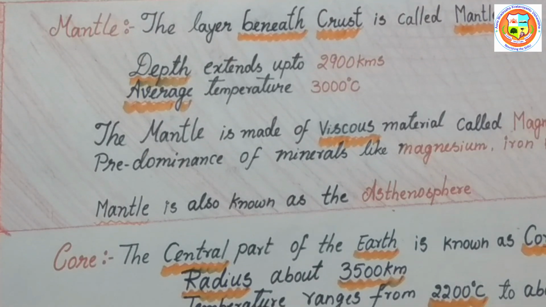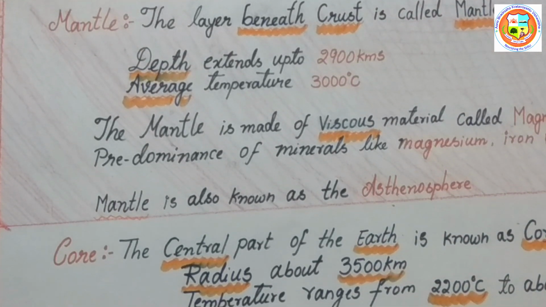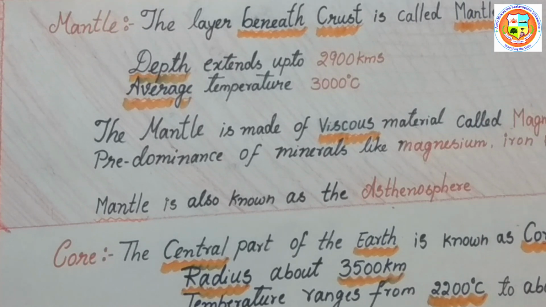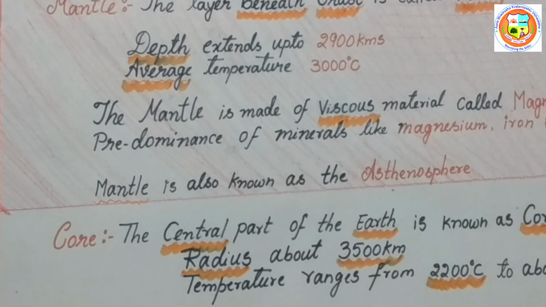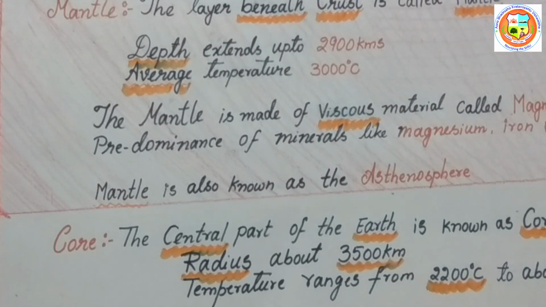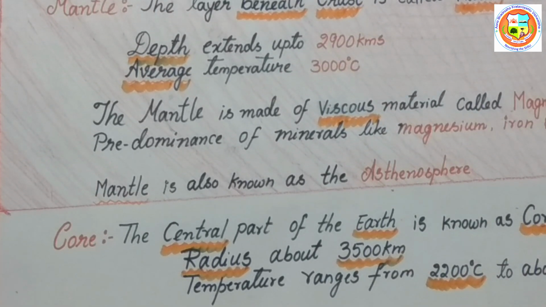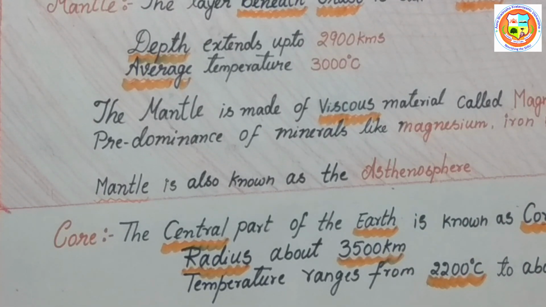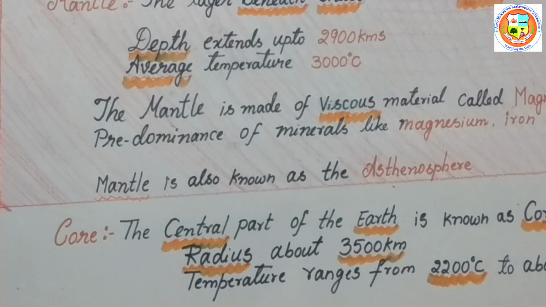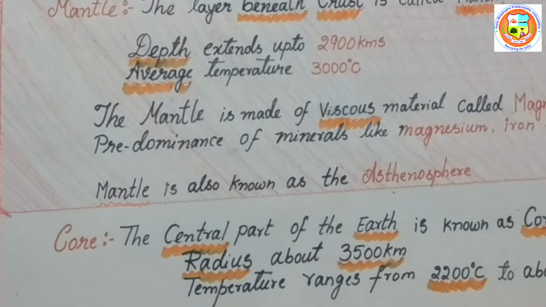For example, you can take tar. While building roofs, you have seen tar, I think. The mantle is much more viscous than tar, and it doesn't flow freely.